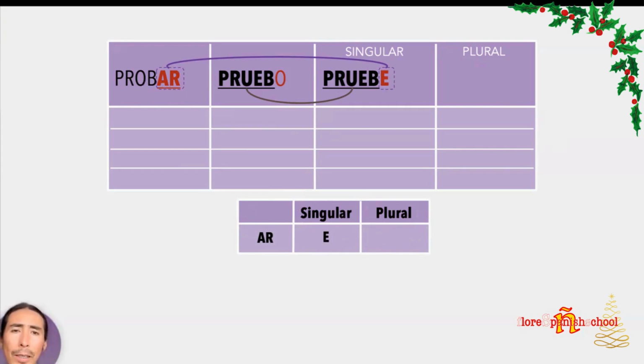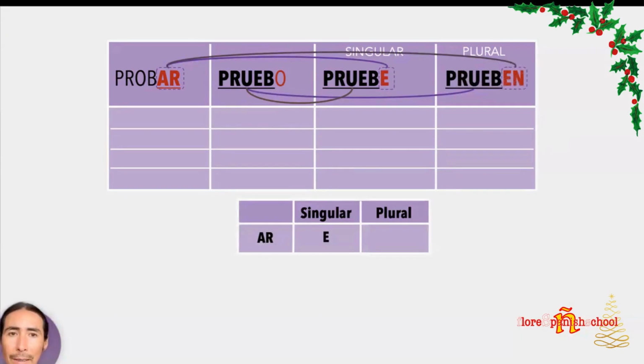In plural, in ustedes, it is prueben. Like for this example, señor, pruebe la sopa porque está buenísima. Hey, sir, try the soup because it's really good.